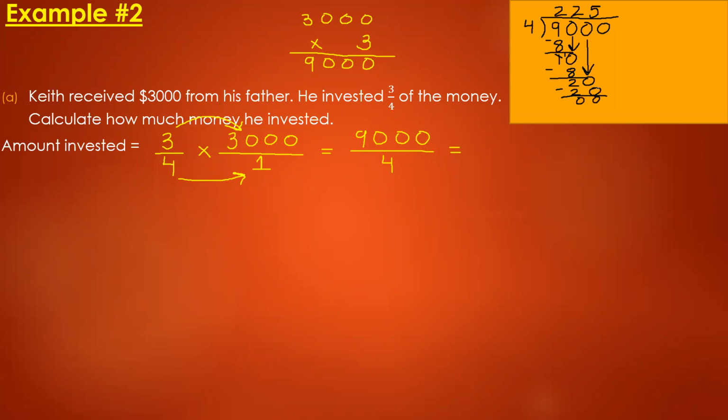How many times does 4 go into 0? 0 times. 4 times 0 is 0. So the answer to 9,000 divided by 4 is 2,250. Very good. That's the answer.